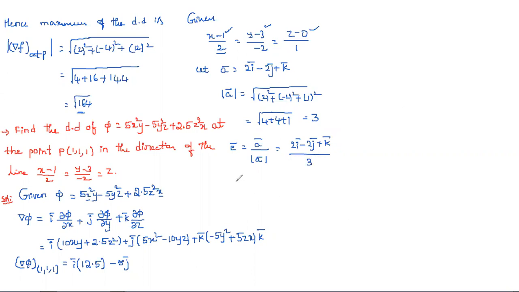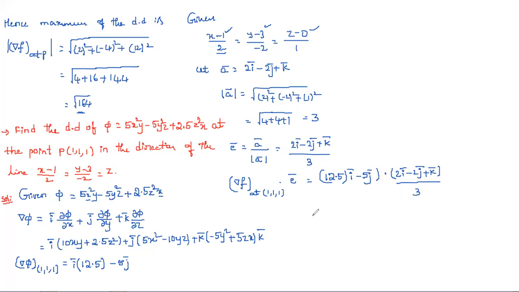So therefore the directional derivative, del phi at the point 1 1 1 dot e bar, is equal to, simply what we can get: 12.5 into i minus 5j dot e bar, which is nothing but 2i minus 2j plus k bar by 3.